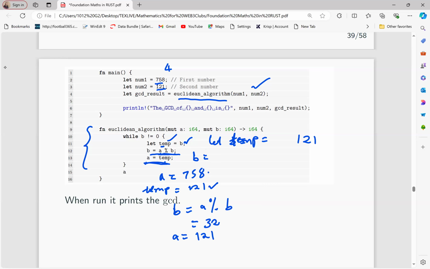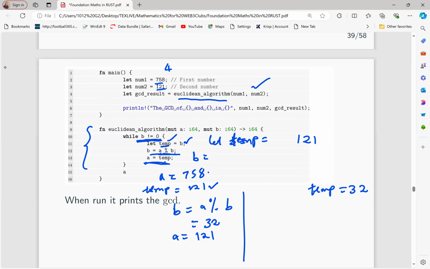So we do it until B is 0. While B is not 0, we just continue the process. B is 32, so we continue. B becomes temporary, so now our temp is 32.